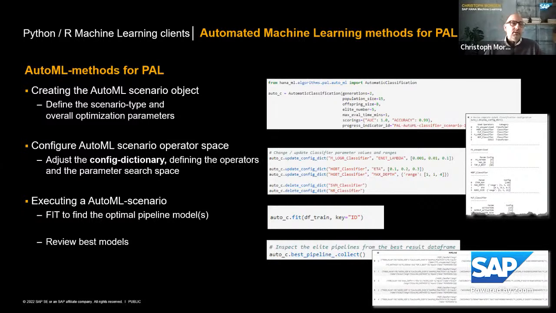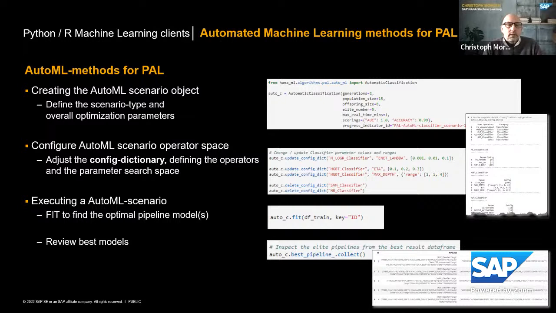On the Python side, or the R machine learning client side, we have similar methods, similar steps, only with the respective Python methods. We initiate a scenario in the first step by calling that automatic classification object instance.